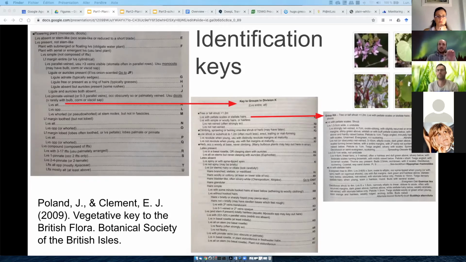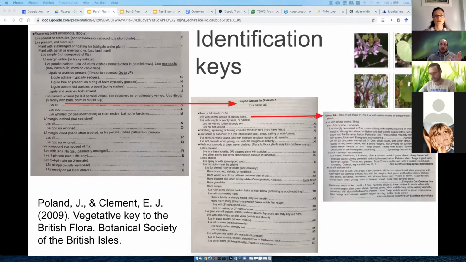So here is an example for the identification of plants of the British flora based on what we call a vegetative key. A user of that field identification book has to manage and well understand all the terminology, the vocabulary used to describe the vegetative parts of plants.